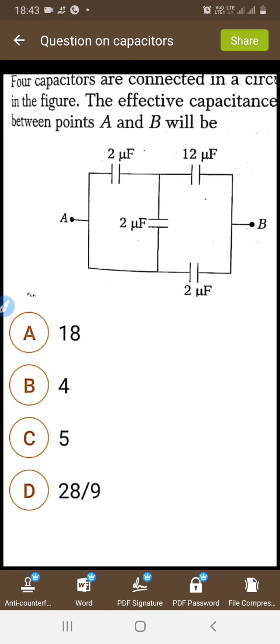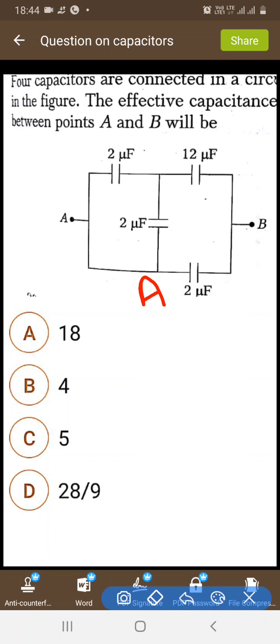So in this question you see here the circuit diagram for capacitors. So how can you find the equivalent capacitance between A and B? For this one you see here point A is here, so this point A will also be the same.